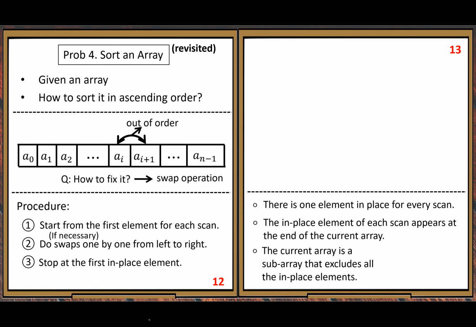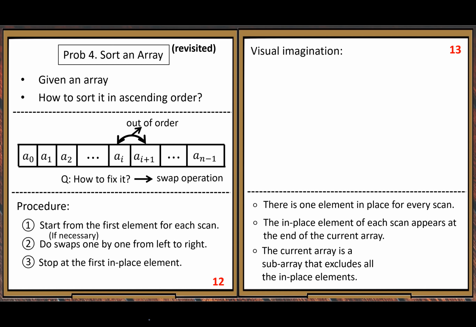Leave them there. In that way, you can reduce your problem size. Every scan, you reduce your problem size until you finish the last scan. So that's the new algorithm.